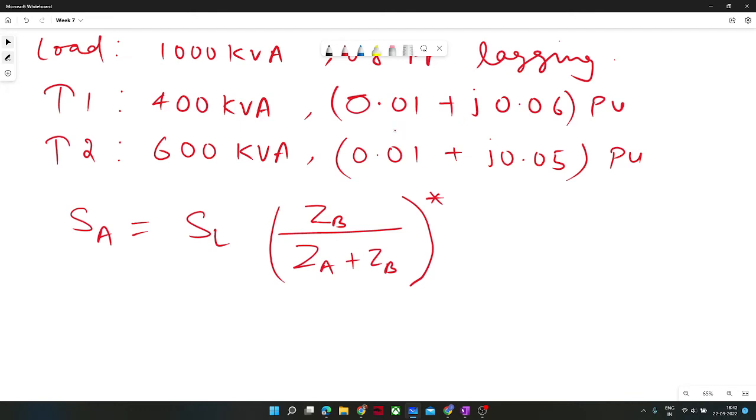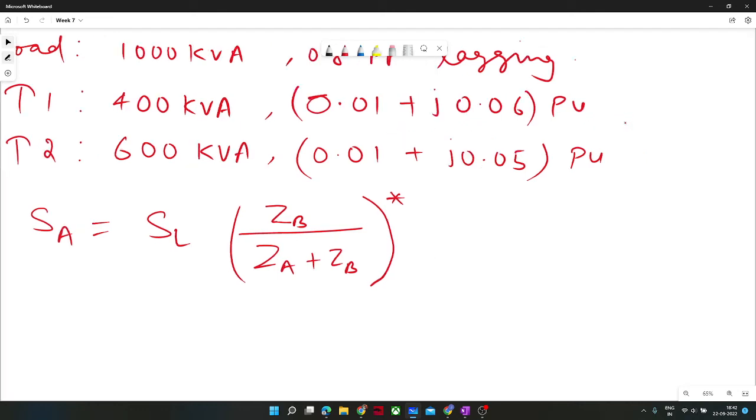We can calculate the power factor of the first transformer, that I will do. That is tan inverse of 0.06 divided by 0.01.